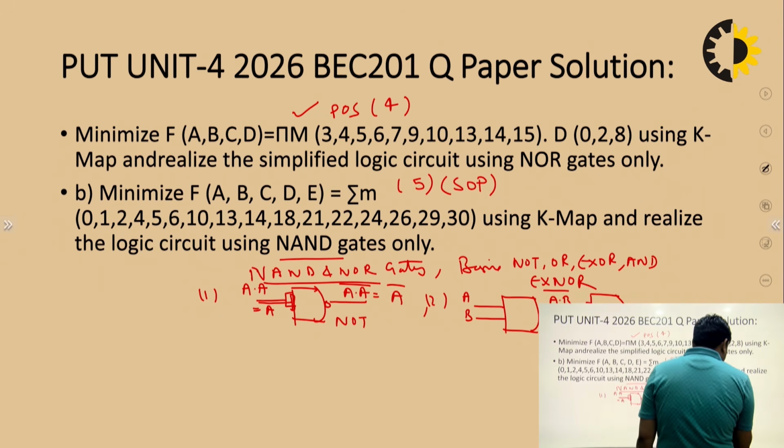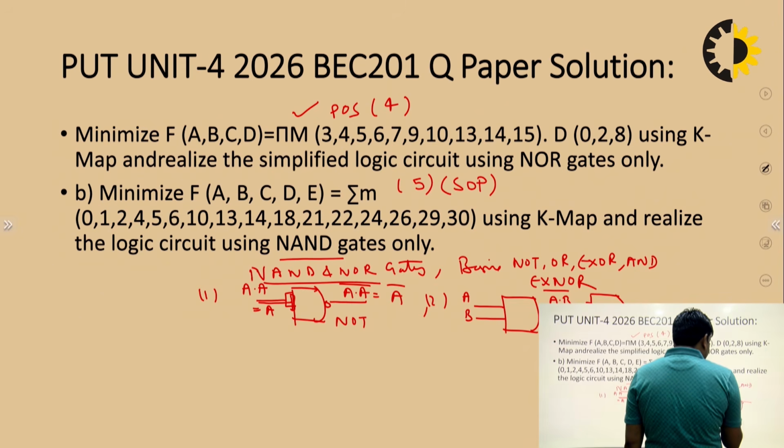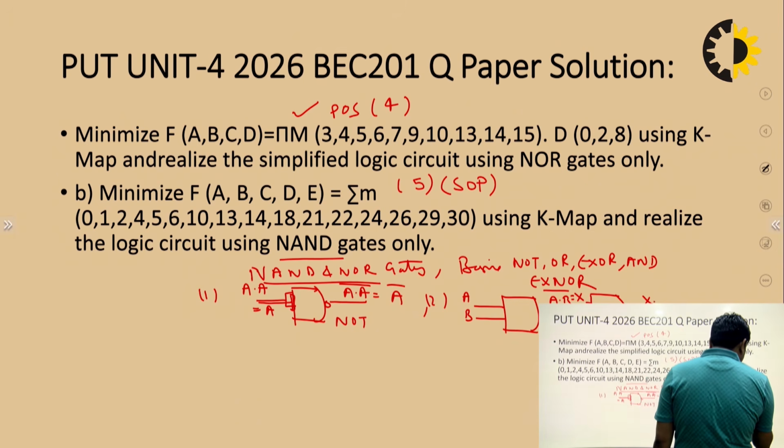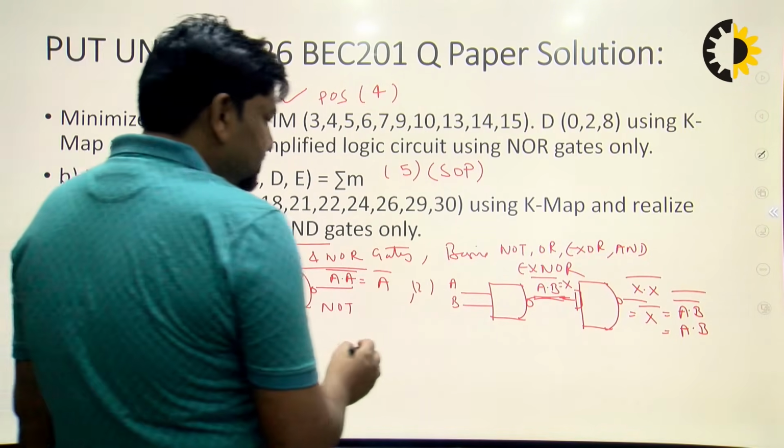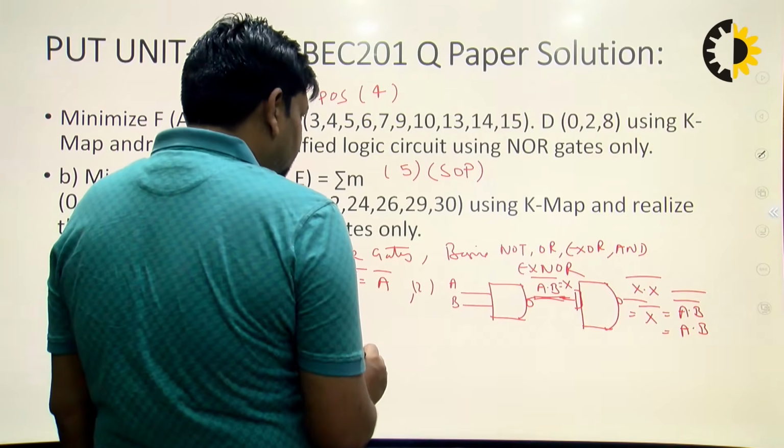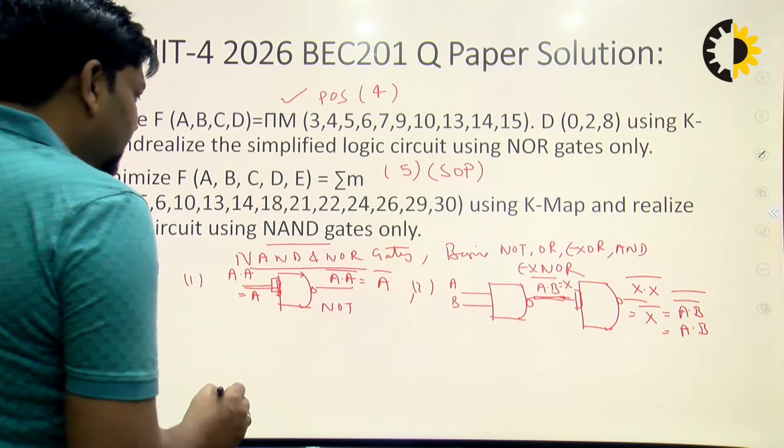If we short these two inputs, suppose this is X, then this is X dot X complement, which is X complement. So X is A dot B. So the complement of A dot B, complemented again, gives A dot B, which is the output of the AND gate.